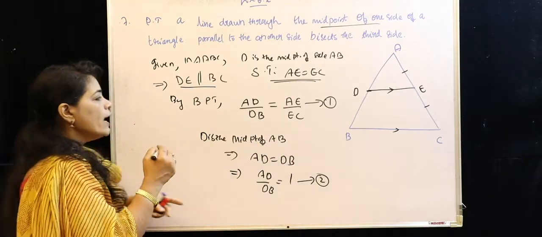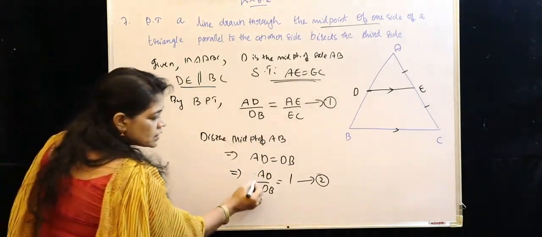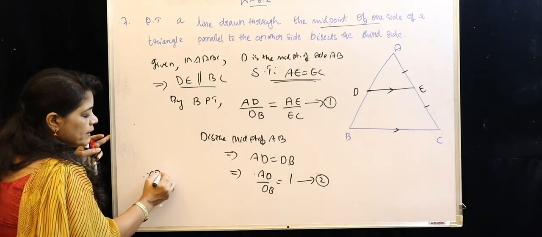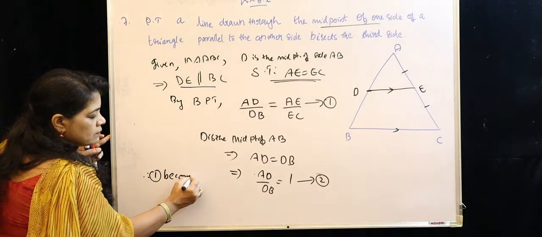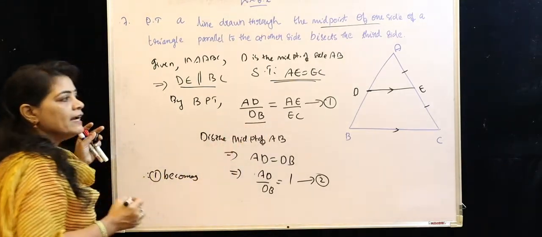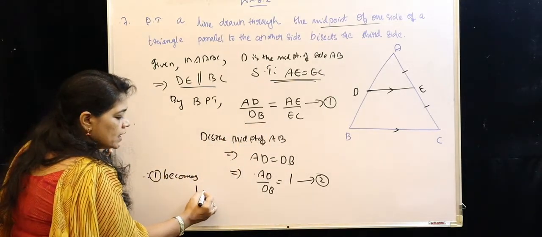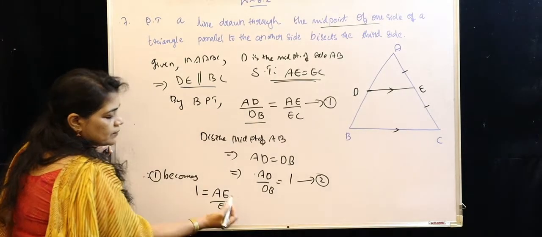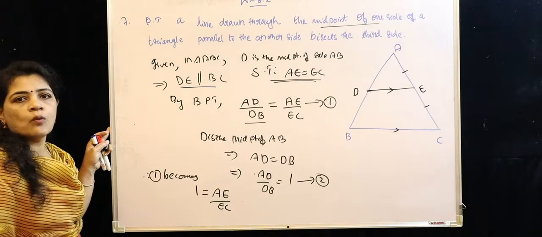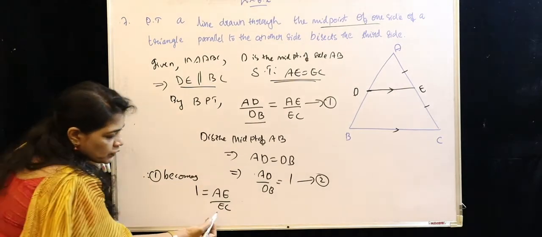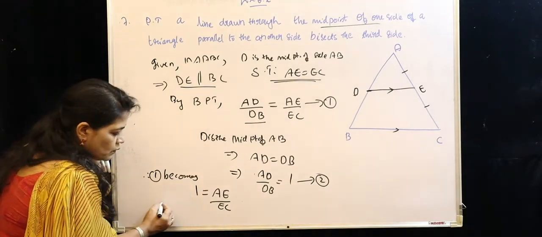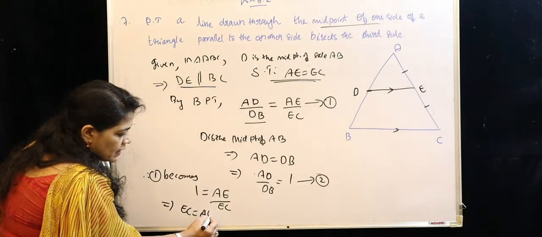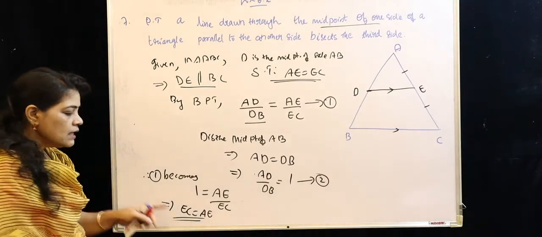I am going to substitute this value in equation number 1. In place of AD by DB, 1 equal to AE by EC. AE by EC is also 1, which means if you take EC to the LHS, you can write EC equal to AE.